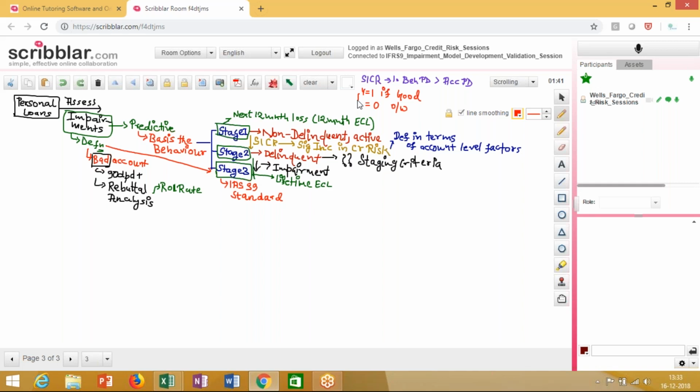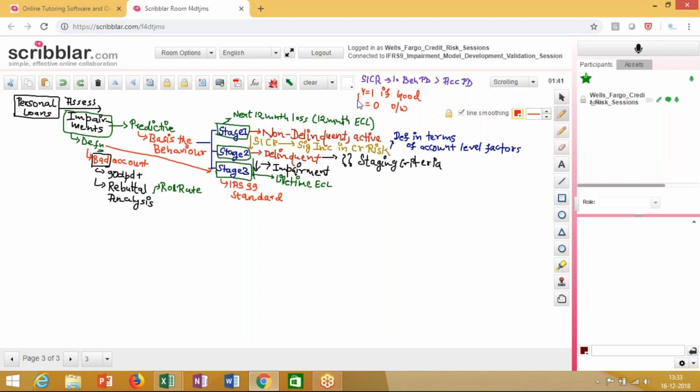So probability of y equal to 0 is 1 minus probability of y equals 1.